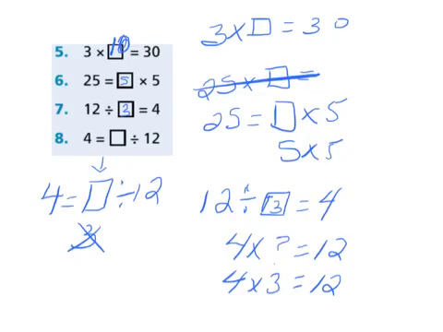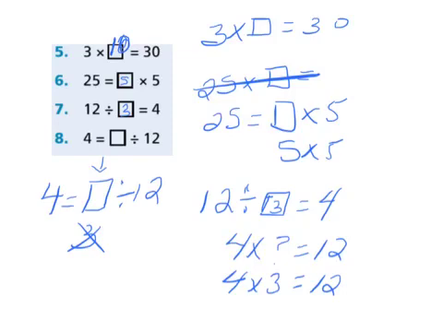All right, now guess and test is a little trickier with divide because you need to use friendly numbers, numbers that can actually be divided by 12 or be divided by 4. So we can try multiples of 12.